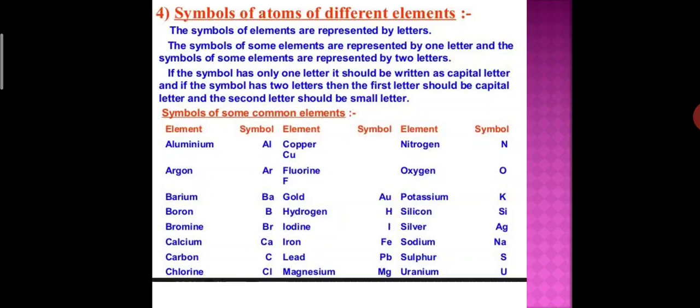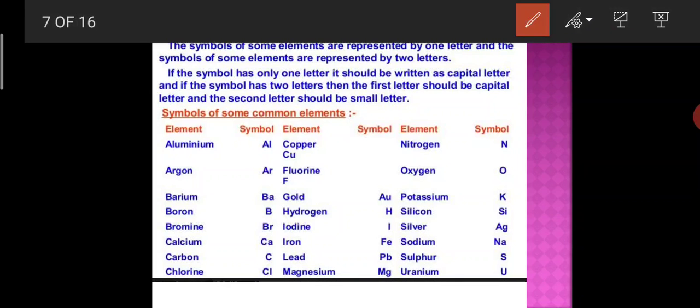For example, if we take copper, the name copper was taken from Cyprus. And some names were taken from a specific color. If you take the example of gold, it was taken from an English word meaning yellow.